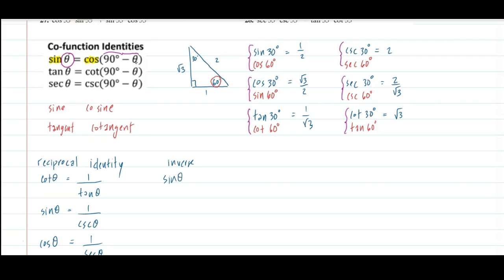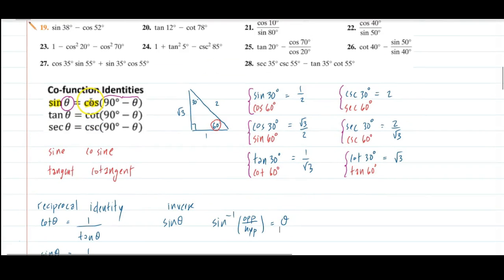If you have sine theta, its inverse is sine inverse of theta, or more like sine inverse of the opposite side over the hypotenuse, which is equal to theta. So inverse means something else, reciprocal means something else, and cofunctions means something else.